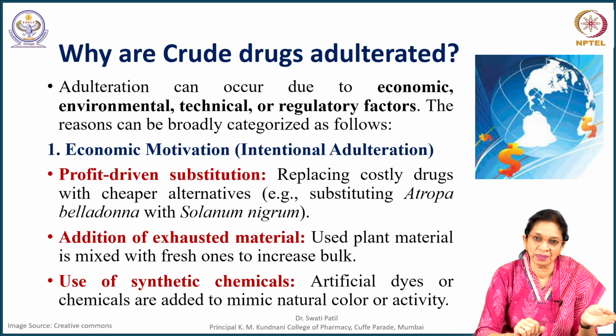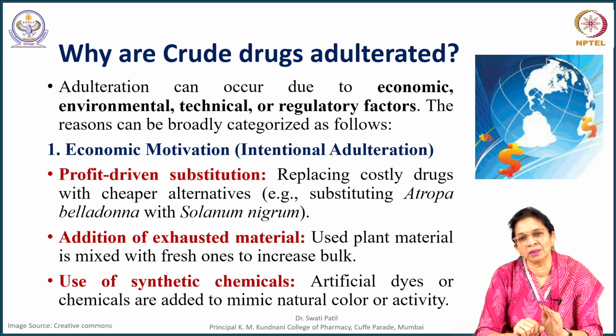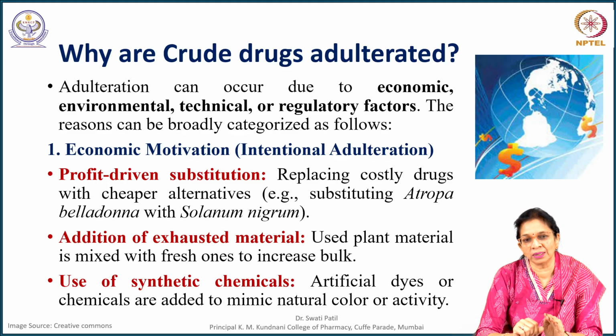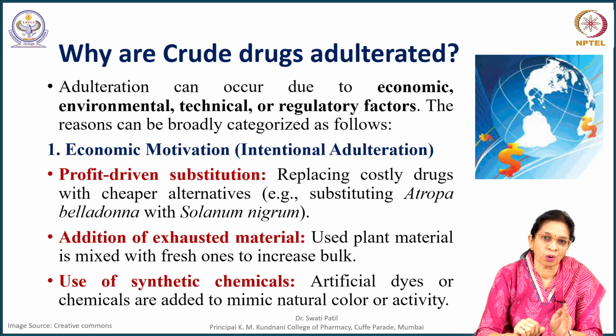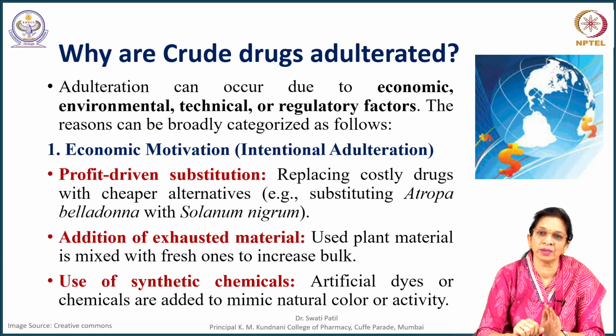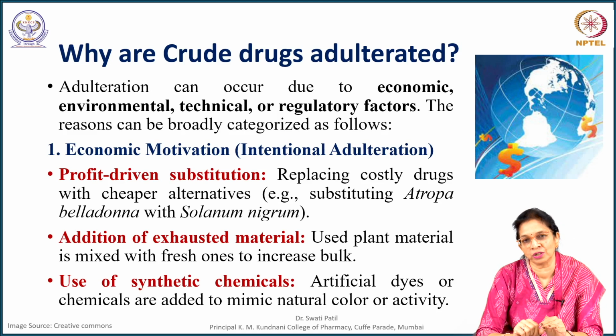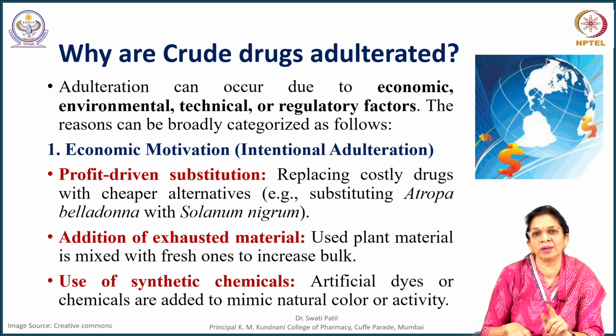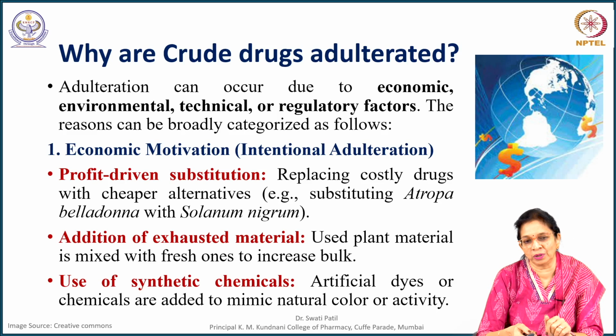So, mixing these with the fresh drug is a kind of adulteration, or storing the material for a longer period of time where the volatile oil evaporates, and thus this leads to exhausted material. Mixing this with a freshly collected drug is called addition of exhausted material.